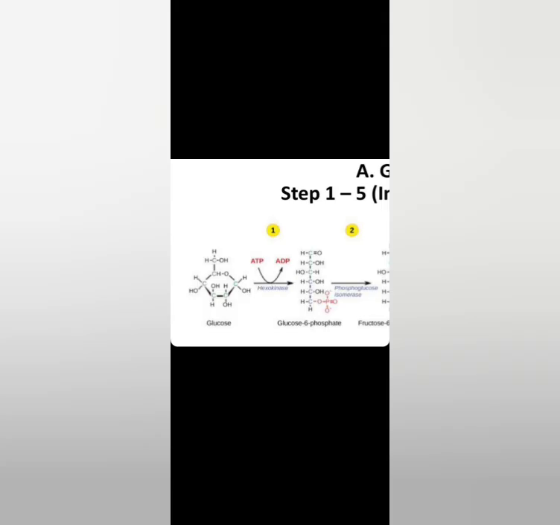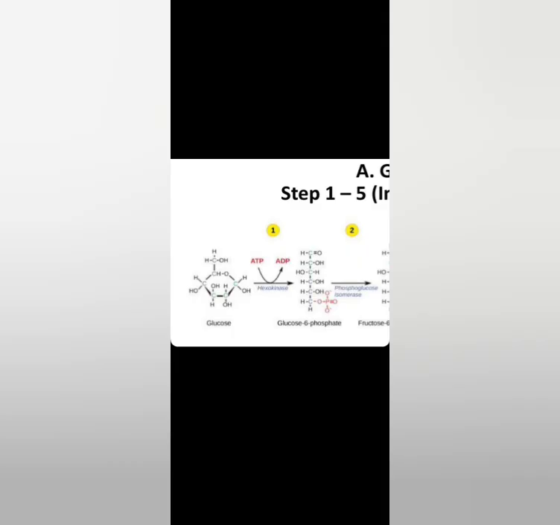Yes? Can you pick up from glucose to fructose? Step 1? Step 1 to 2. Yes, there is an enzyme, a kinase, that will take the phosphate from ATP and add it to glucose.